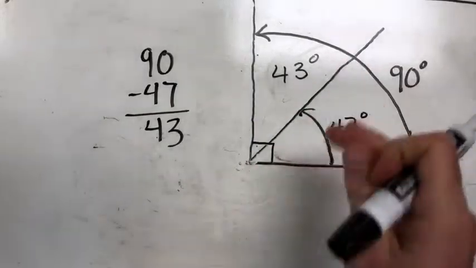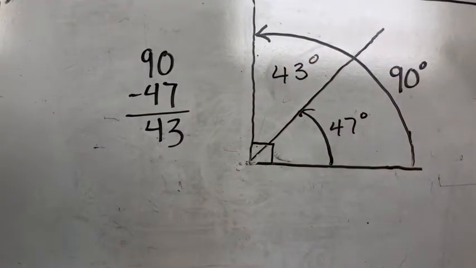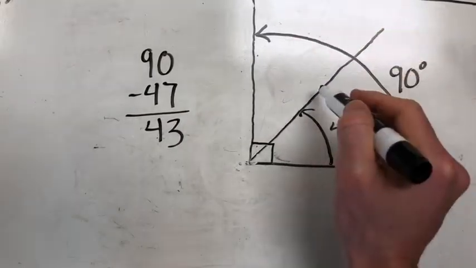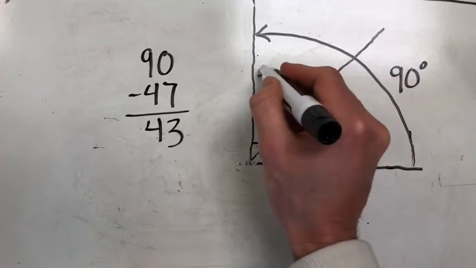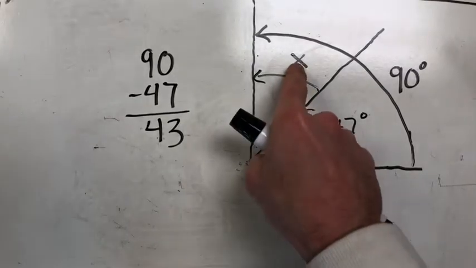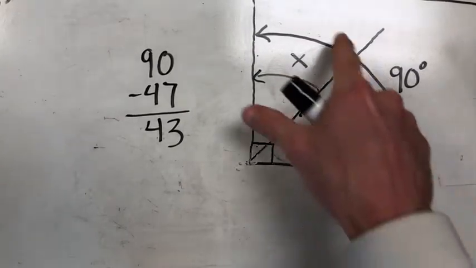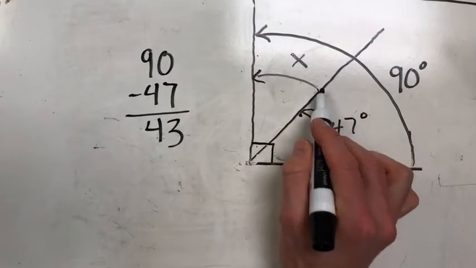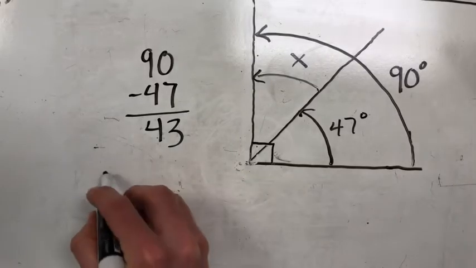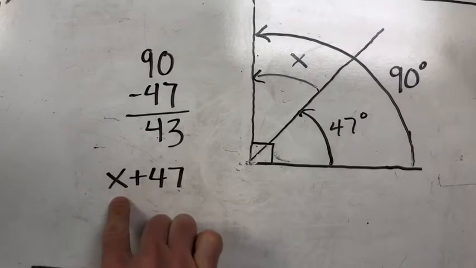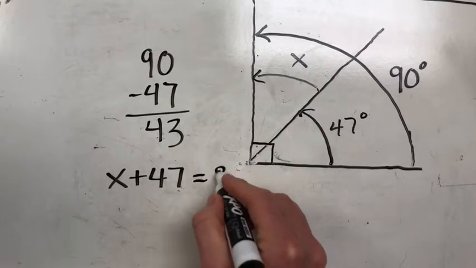Now, a little bit more of an advanced way to think about this, and one that you're going to want to practice during this lesson, is the use of variables. So, if we call this missing piece of the angle x, we can write an equation that relates this angle and the total angle. x plus the 47 degrees, the sum of the two pieces, is equal to the total, 90 degrees.